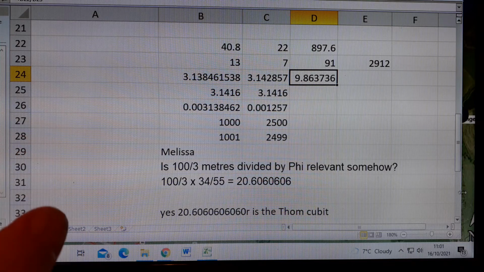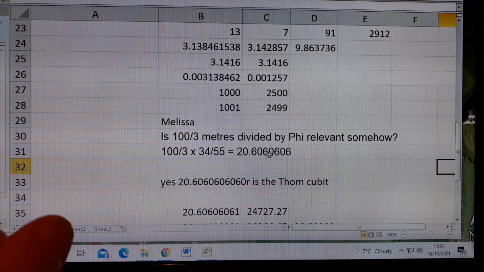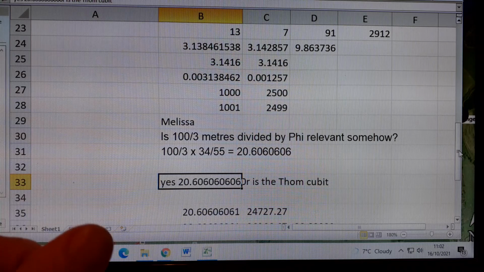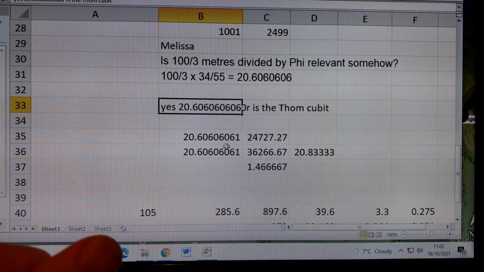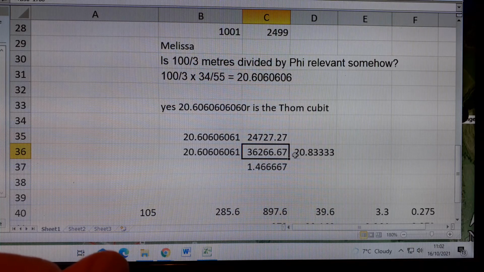Melissa's also going with this unit. She's saying, is it somehow relevant, this unit? And yes, it's the Thom cubit at Giza. Multiply it by 1200, that's the Earth's circumference. Multiply it by 1760, that's the Giza base.